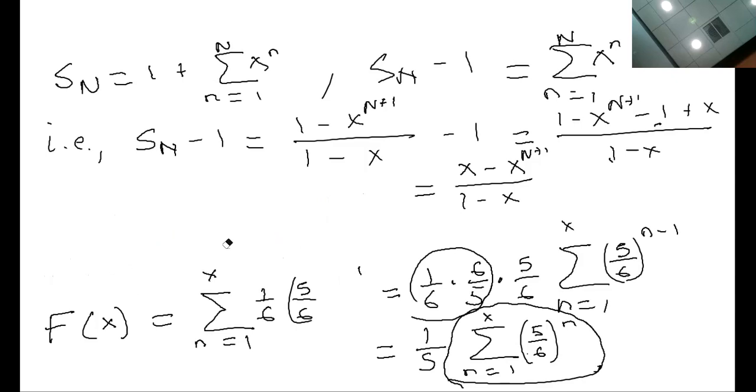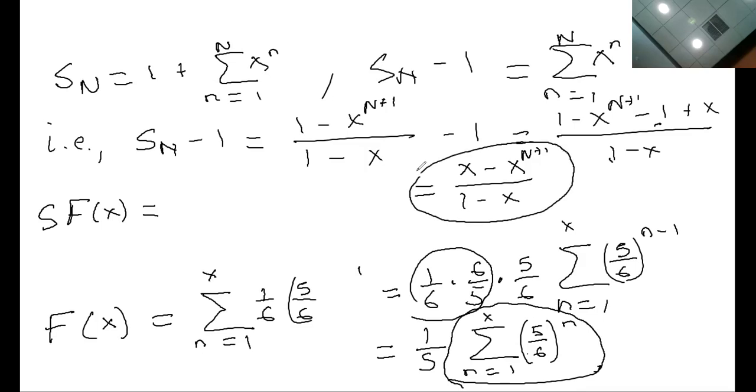So then from what we have here, if I multiply this f of x by 5, I will have 5 f of x equal to this guy. This guy is exactly this one when 5 over x is replaced by x.